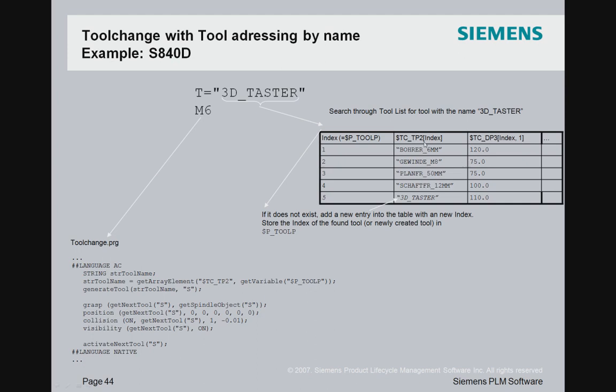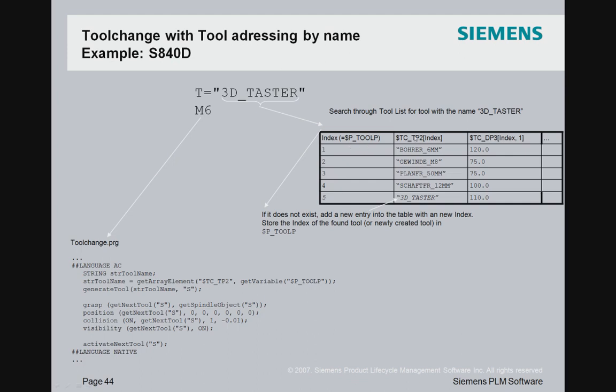And for example, a similar array with the same index contains the tool length. And in this array, the index is what can be used with the $p tool p. So $p tool p actually tells the system tool number 3, for example, or tool number 5 in my example.